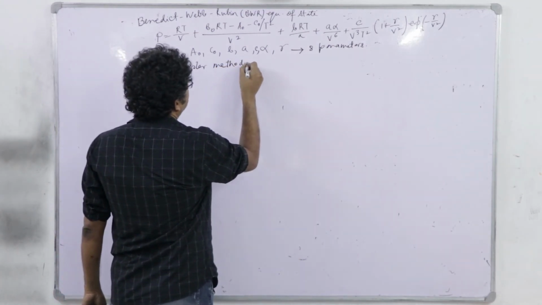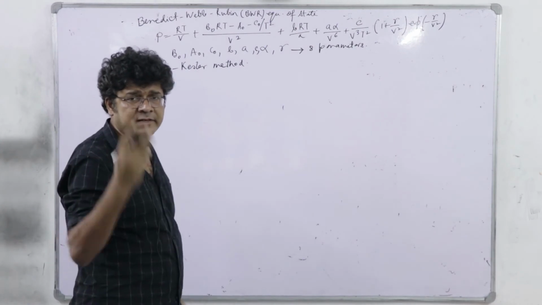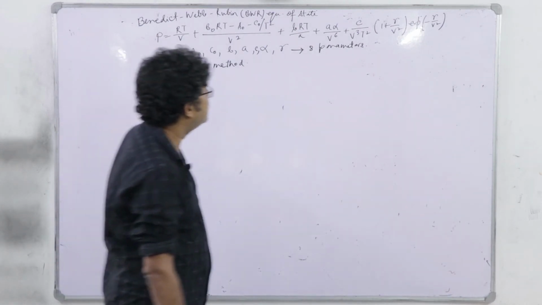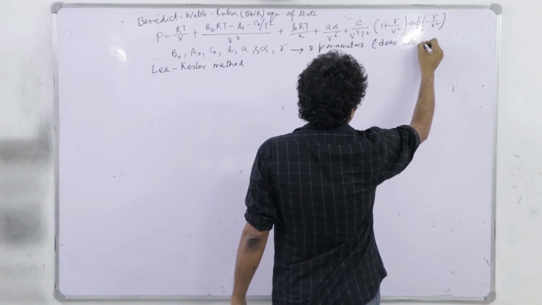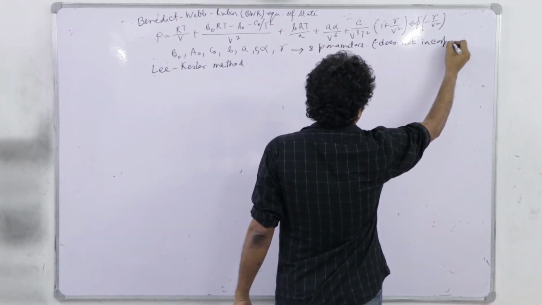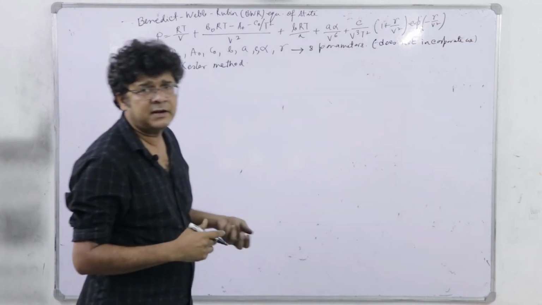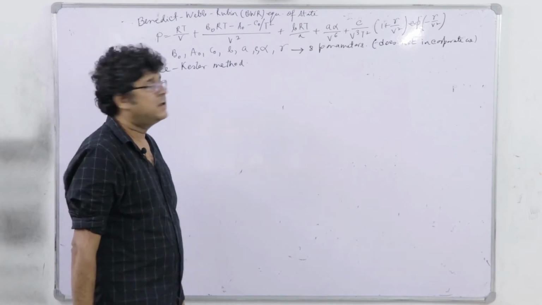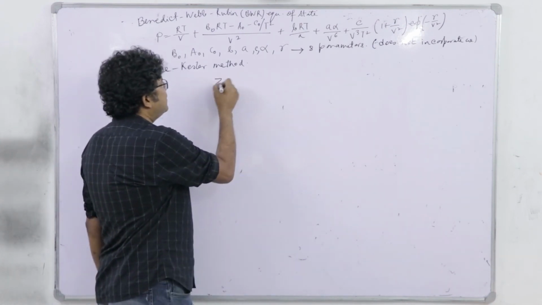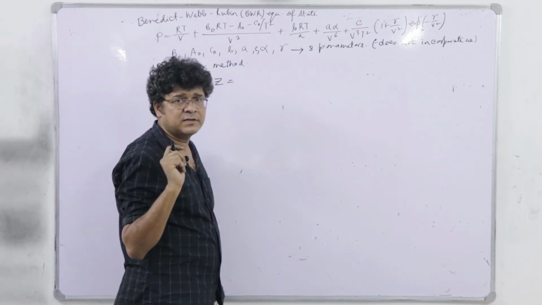Right. You see, what is the difference? The Benedict-Webb-Rubin equation does not explicitly incorporate omega. Lee-Kessler is a modified Benedict-Webb-Rubin approach with inclusion of omega. Their proposition was pretty simple. Z is a linear function of omega.